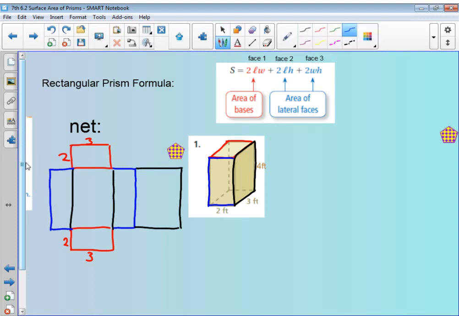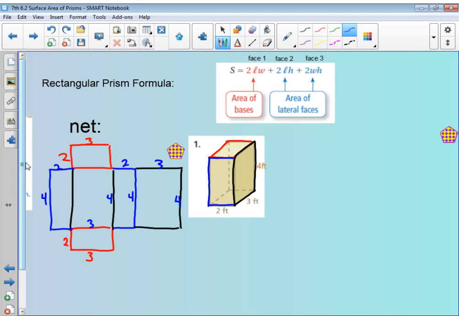Okay, and I can go ahead and mark these. This was 4, this was 2, this was 3, this was 4. So that you can see that every single piece is marked individually.